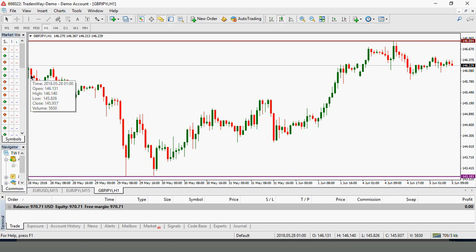So on May 28th at about 1 o'clock, all the way through May 29th at 2100, it's a downtrend, but then it shoots up. So the major trend is an uptrend.